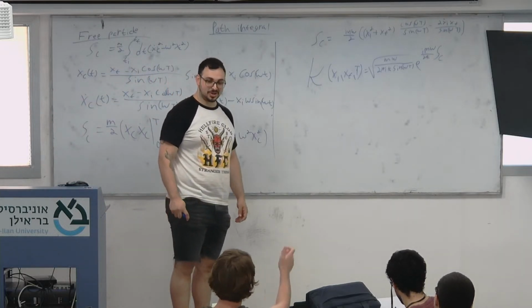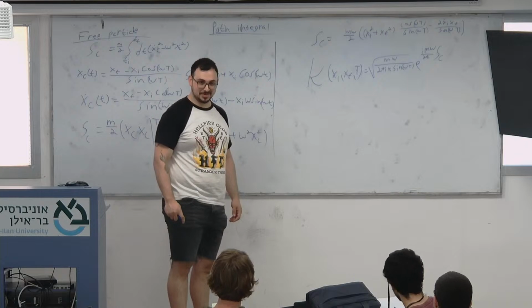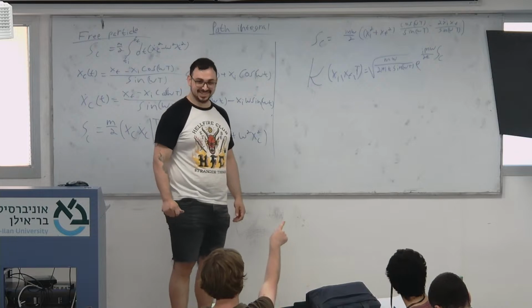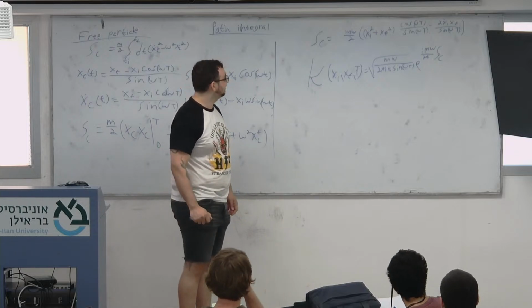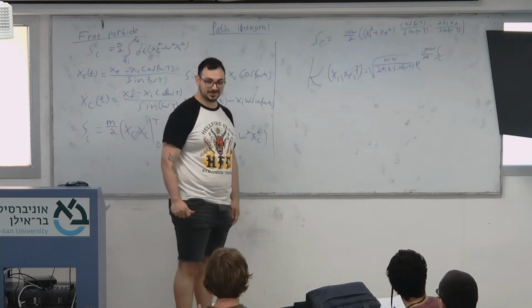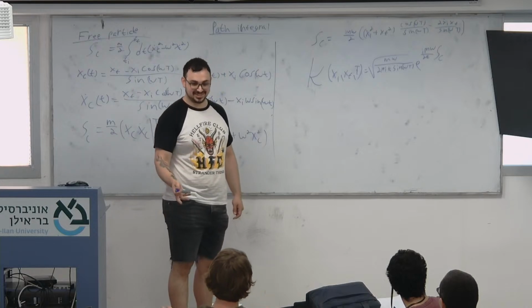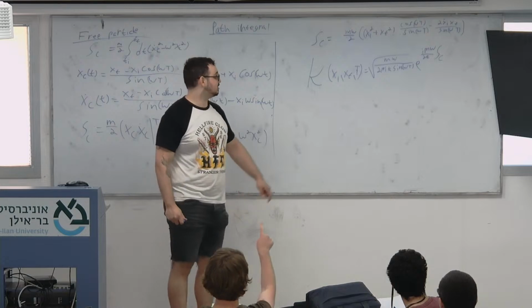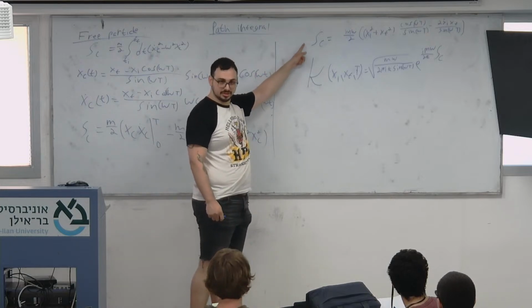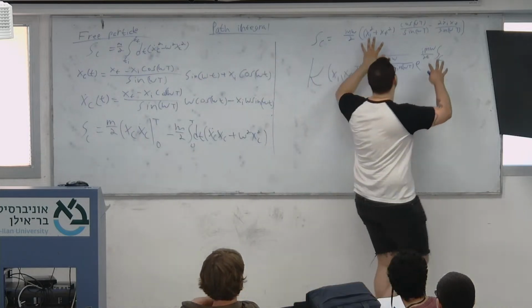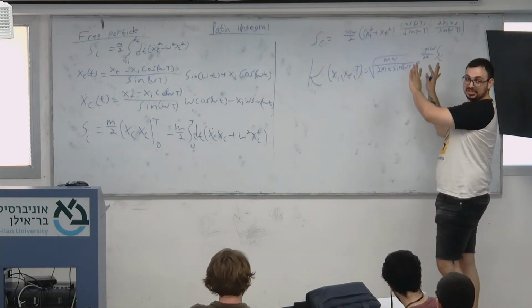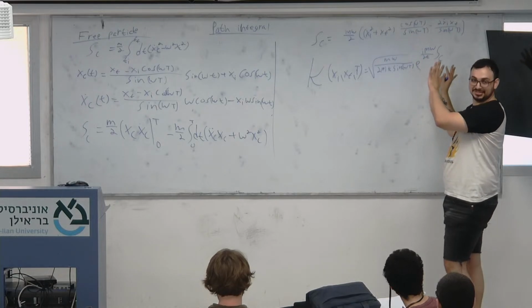What do you mean by CS? C with index S, S with index C. It's the classical action. Just put this ugly long solution here. Imagine I wrote it, and that's it. Okay.